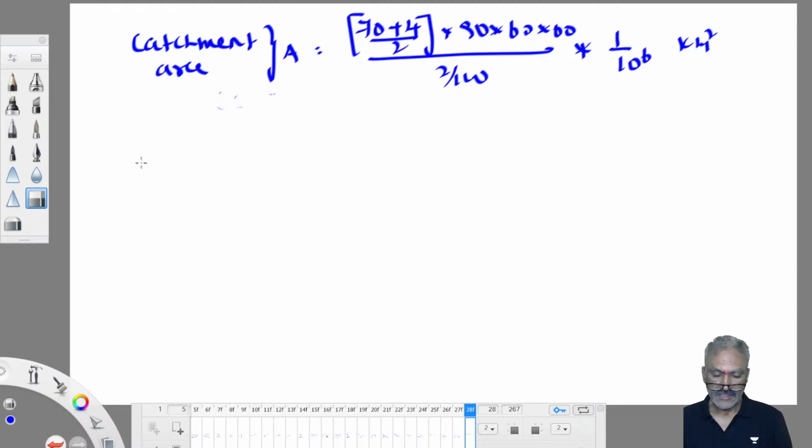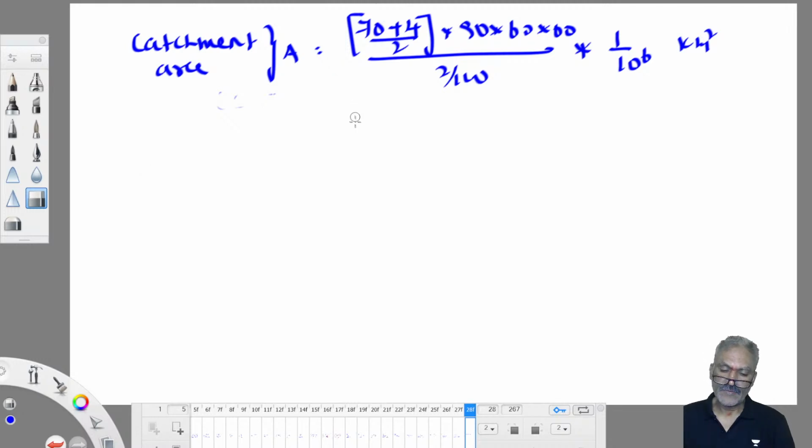Come on, work it out. Answer in kilometer square: 74 by 2 into 90 into 60 into 60 by 2 into 100, divided by 10 power 6.